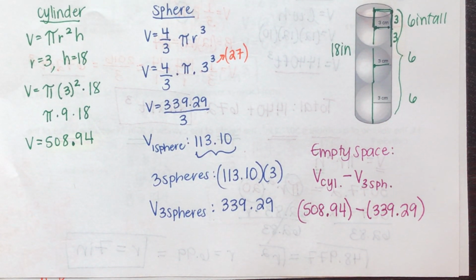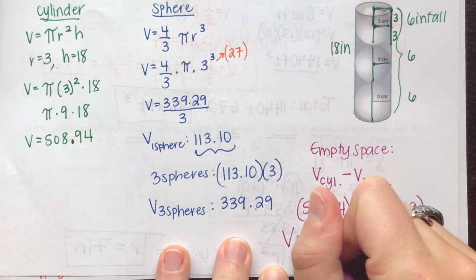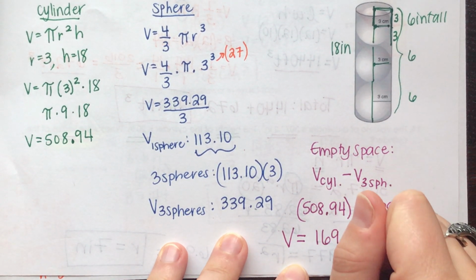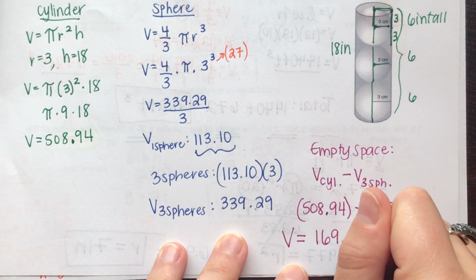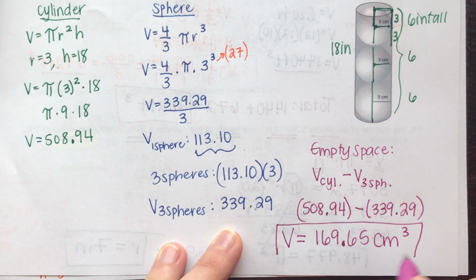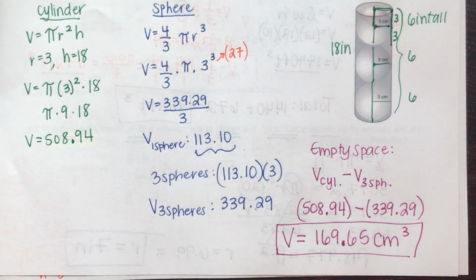And when I do that, I get that the total volume of the empty space is 169.65 centimeters cubed. And there is my final answer.